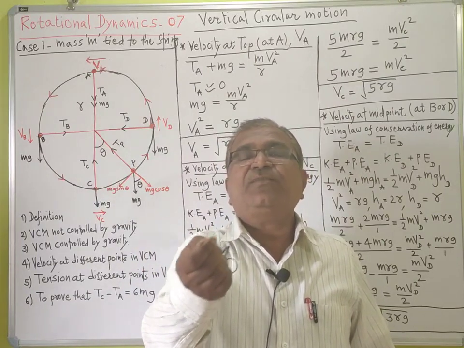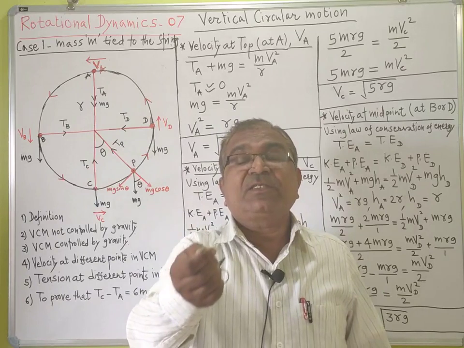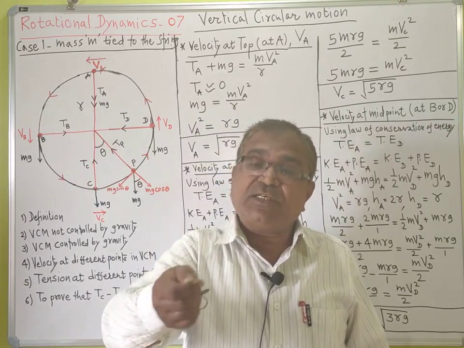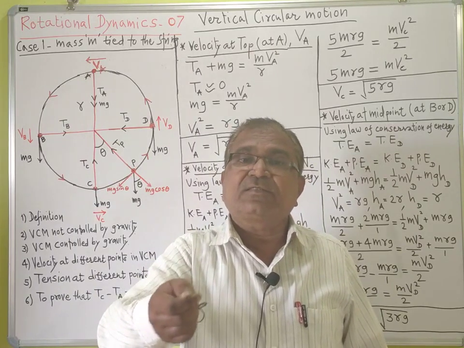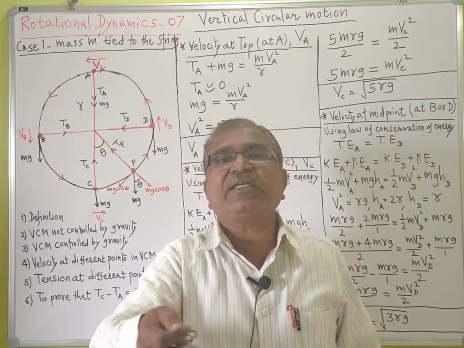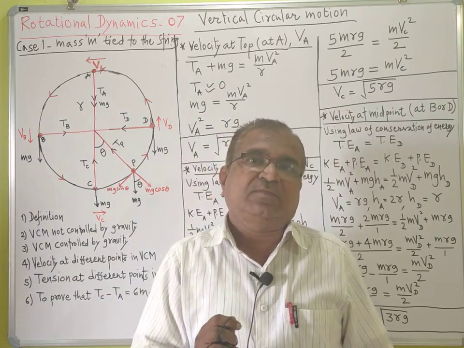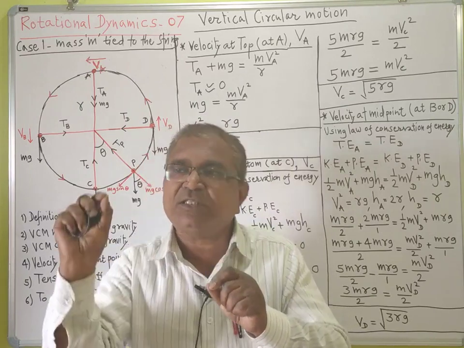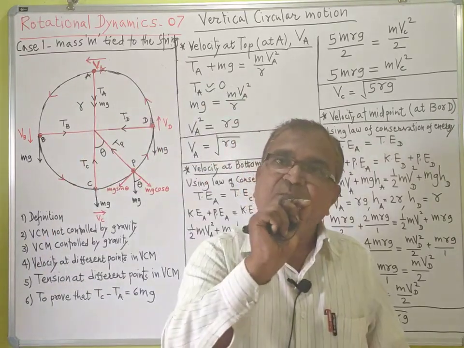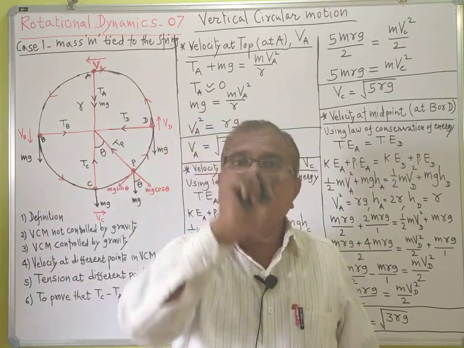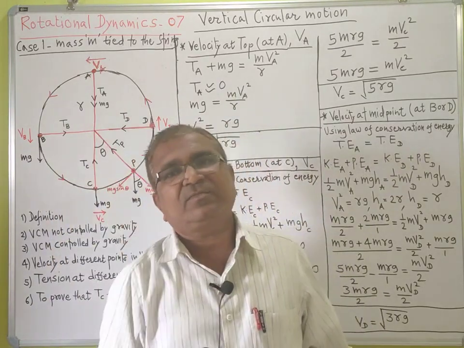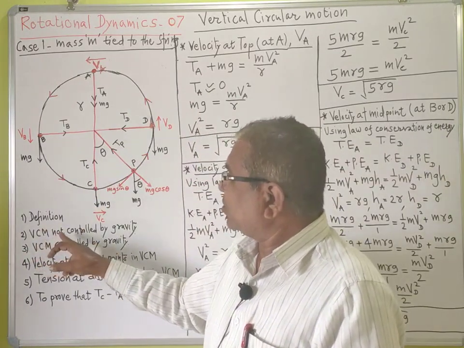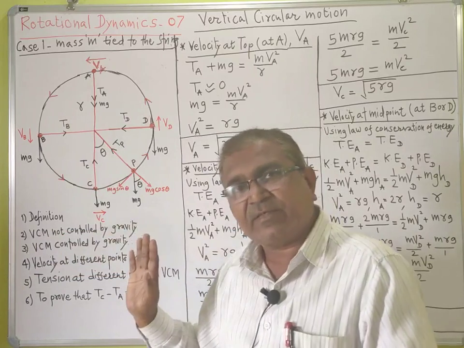It is not affected by gravity. In each and every position along the circumference, the velocity of the particle is constant. There is no effect of acceleration due to gravity on the particle when it moves along the circumference of a circle; this is called vertical circular motion not controlled by gravity.